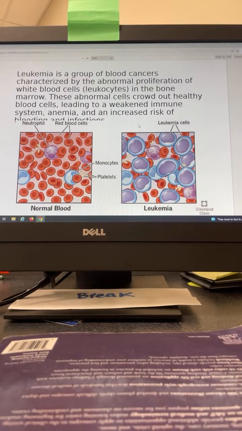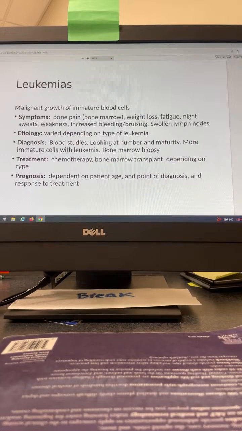Platelets help to clot, right? So bleeding disorders, and swollen lymph nodes because it causes immune problems.